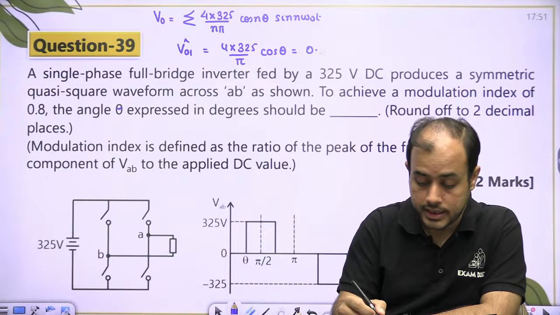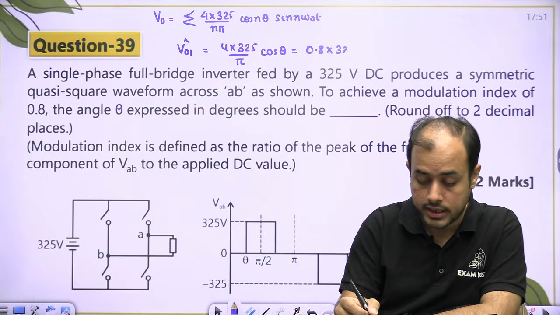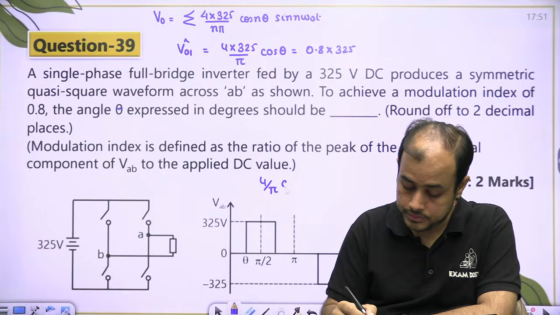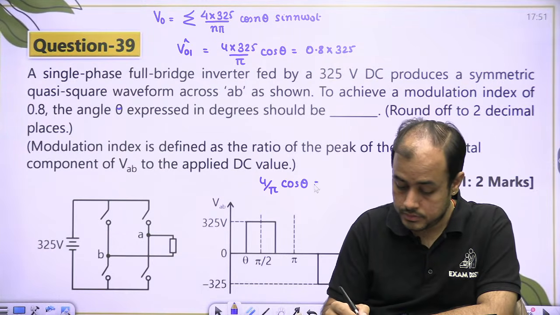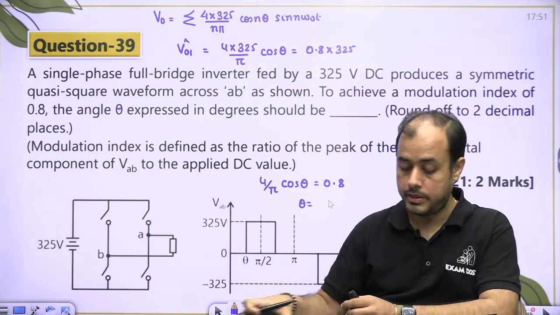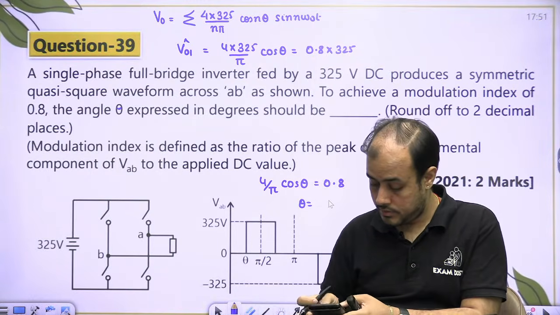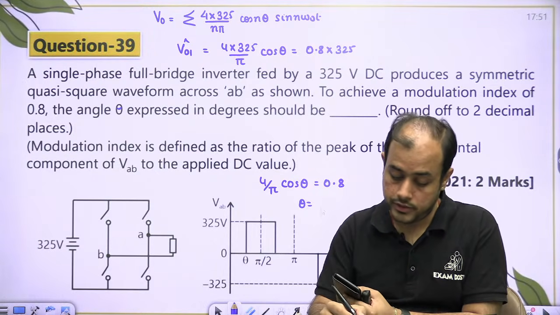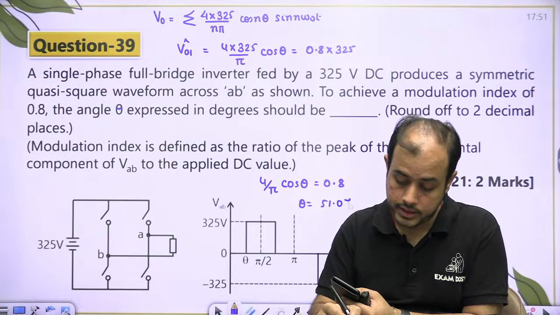That should be 0.8 times the DC voltage. So theta will be 51.07 degree.